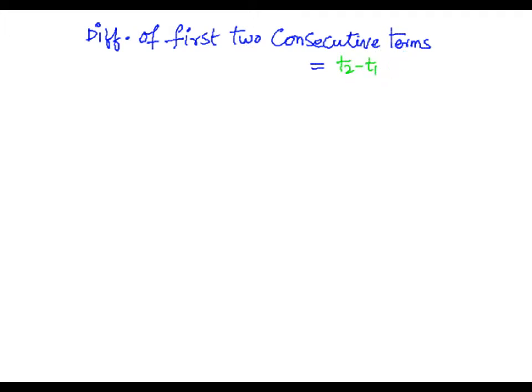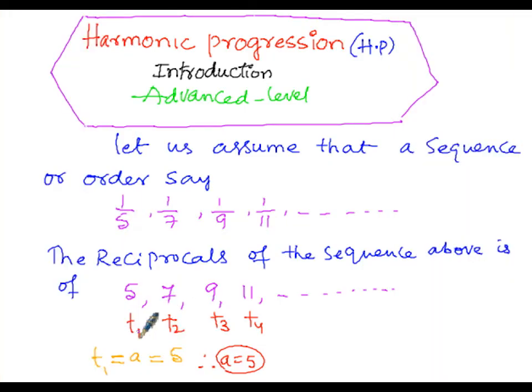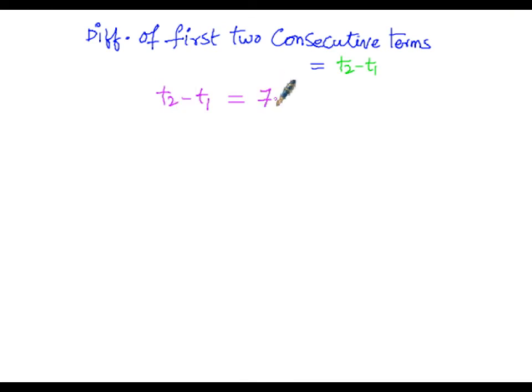The second term is 7 and the first term is 5. So second term 7 minus first term 5, 7 minus 5 is 2. So I got the difference between the first two terms, T2 minus T1, is 2.